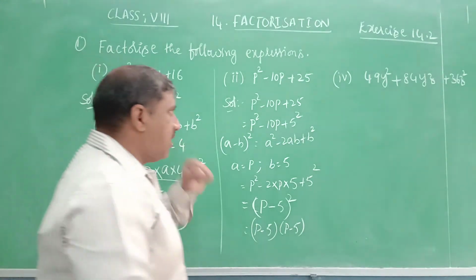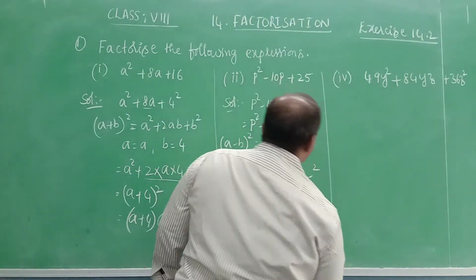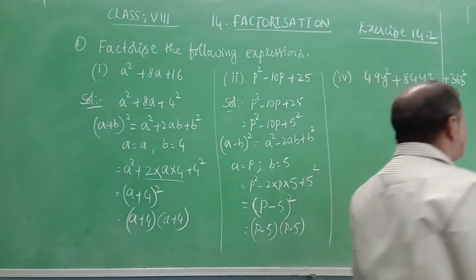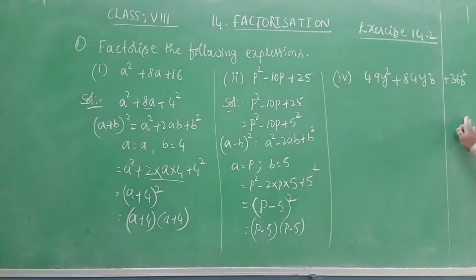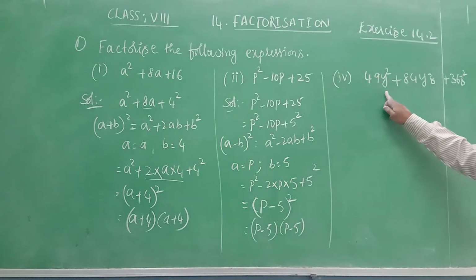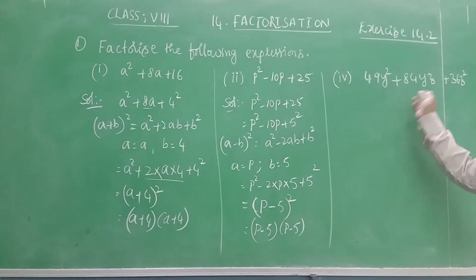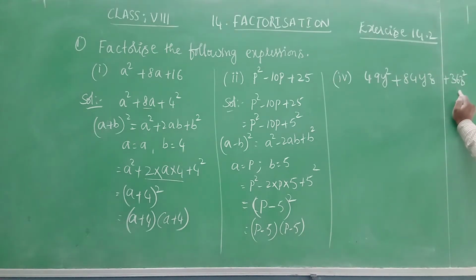Now we see this fourth one. Here again all the three terms are positive terms. 49y square is written as (7y) whole square, and 36z square can be written as (6z) whole square. Yes, first and last both are perfect squares and all are positive terms, so we can use the first identity.